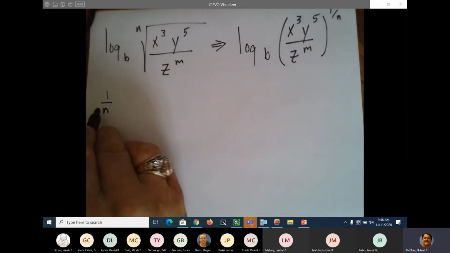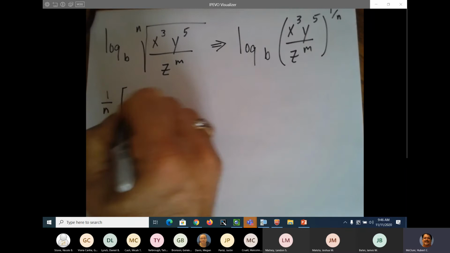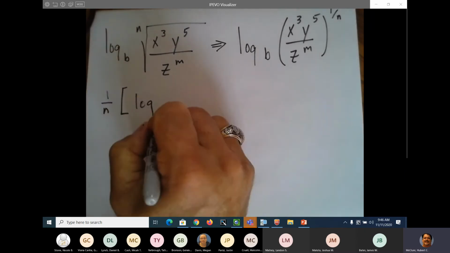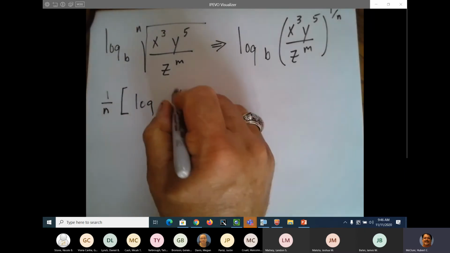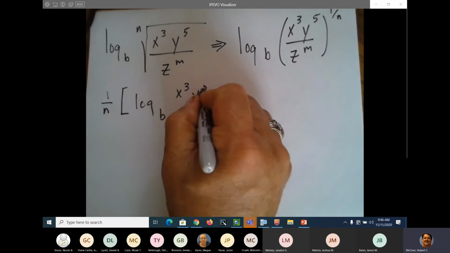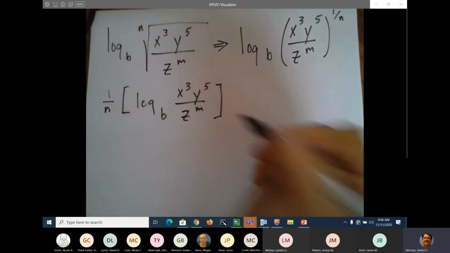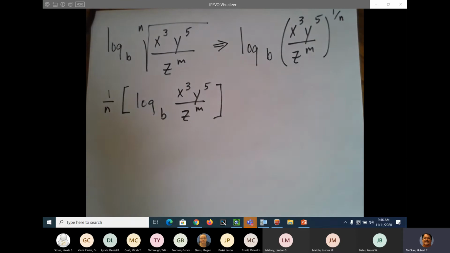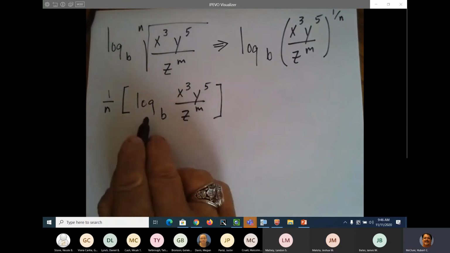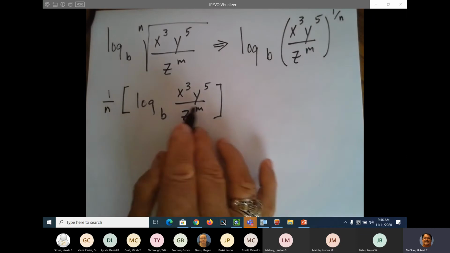All right, 1 over n, and that's going to be log base b of x to the third, y to the fifth, over z to the m. Okay? And now I'm going to use the product and quotient rule right here.